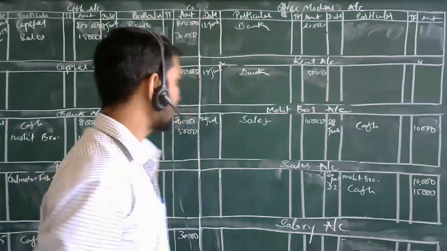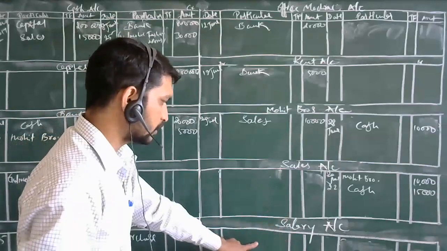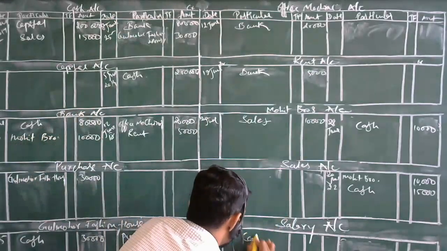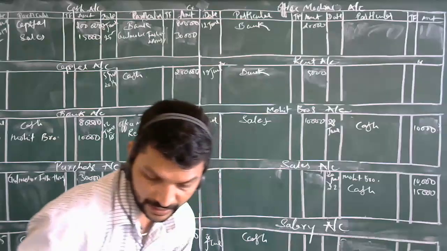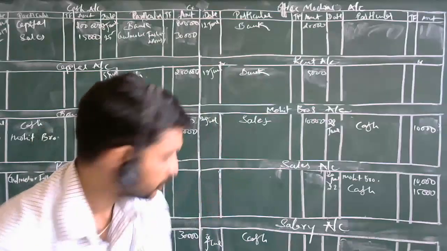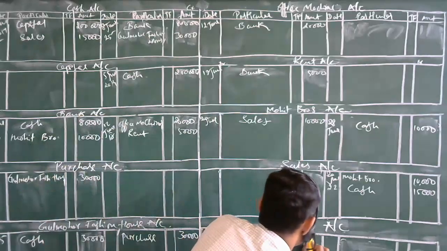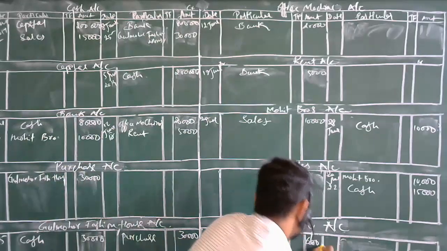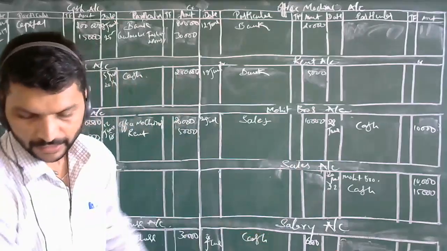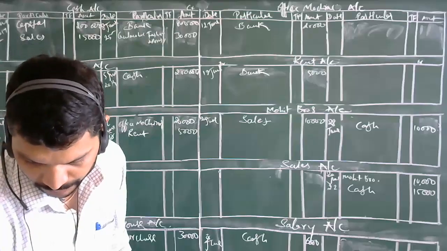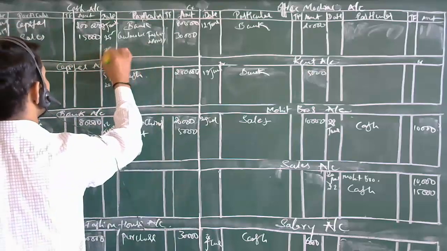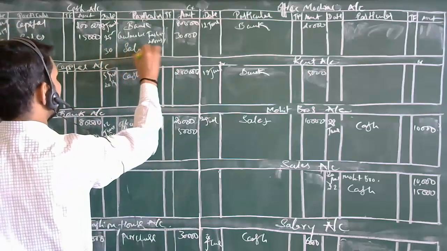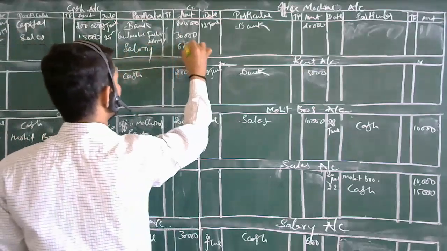The date is 30 June. How much is the salary? 6,000. Salary 6,000 is debited. And the cash account, where is it? Here. Cash account, 30. Salary 6,000.